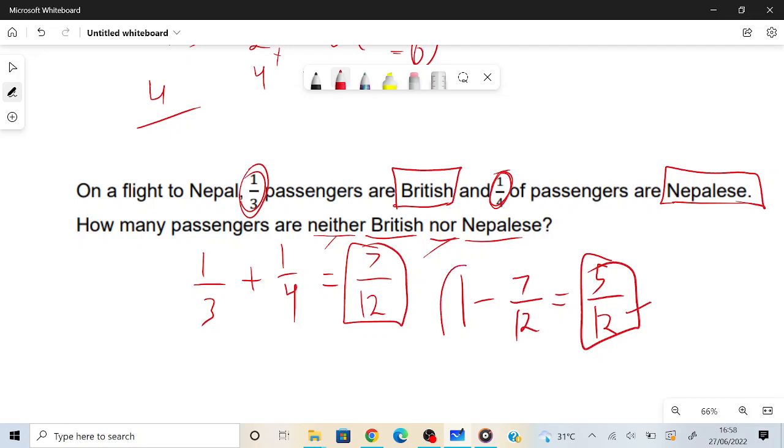Now why I used 1 is because we are using very small values here. We know that if you add up all the passengers, that should give you 100% of the people. And if you see, 1/3 in percentage is just like 33.3%. 1/4 of the passengers is simply 25%. And 5/12, if you convert this to percentage, as I said earlier in this video, you times it by 100.